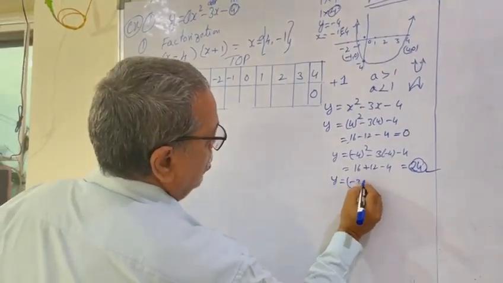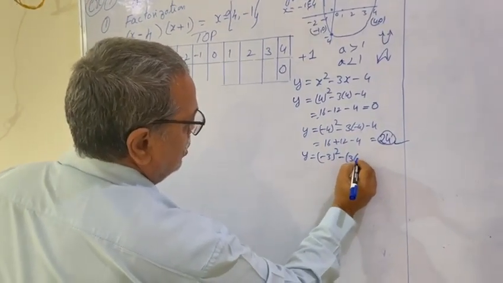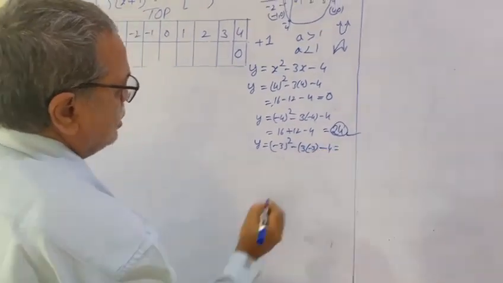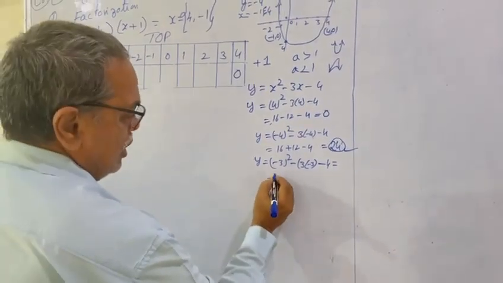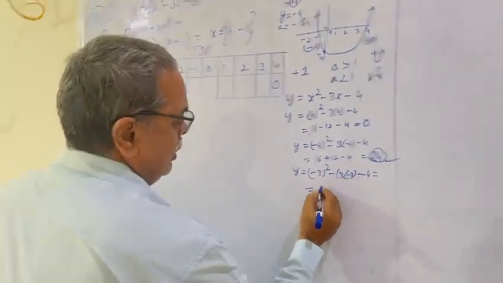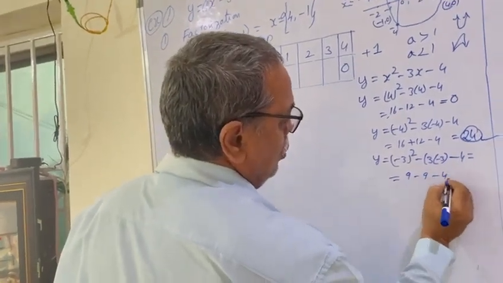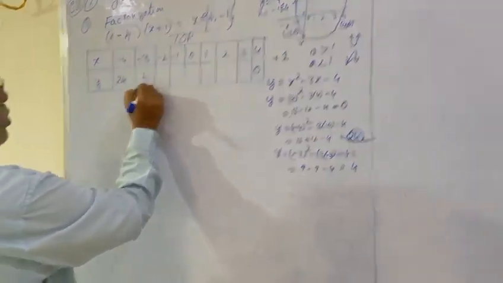Minus 3 whole square minus 3 into minus 3 minus 4. What do we get from this equation? 3 3s are 9. 9 plus 9 minus 4. It is 14. For minus 3, y is equal to 14.